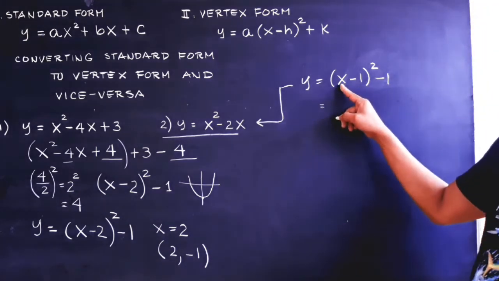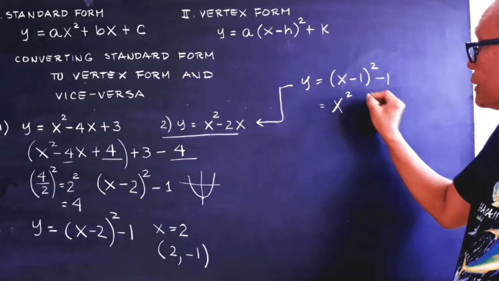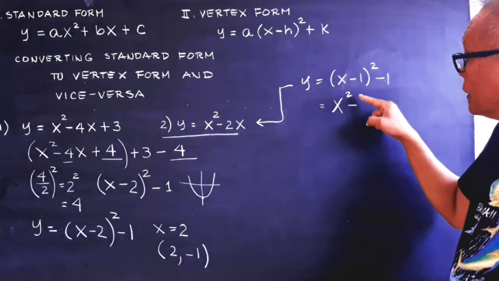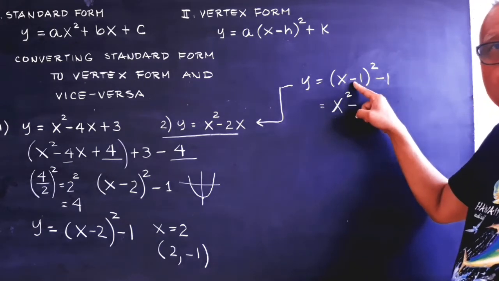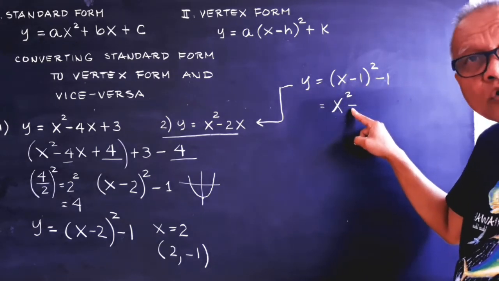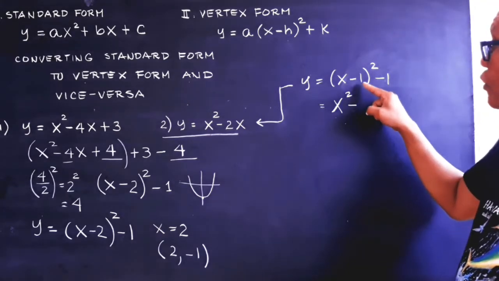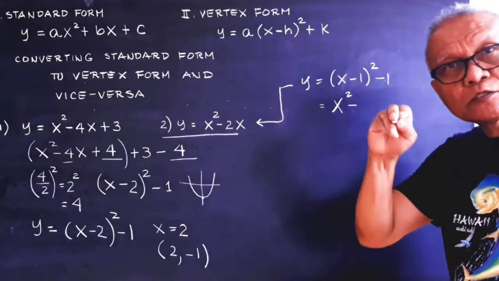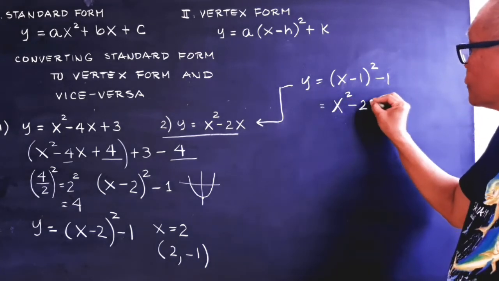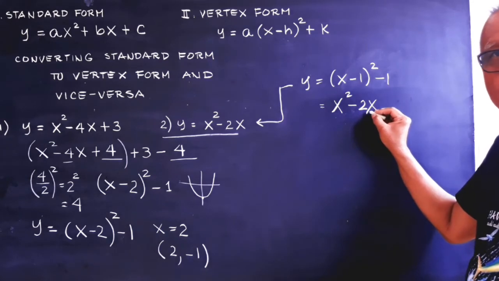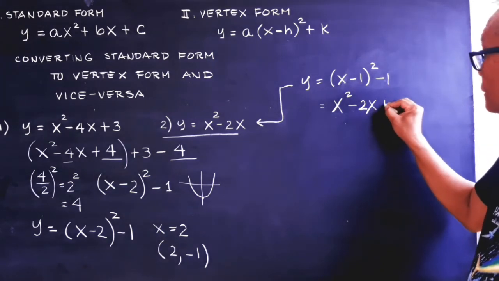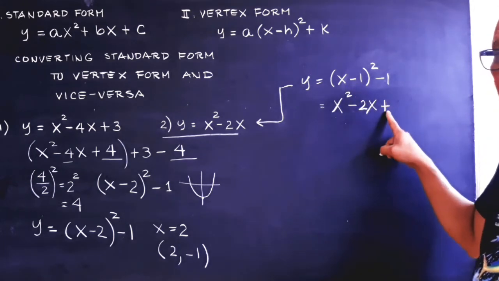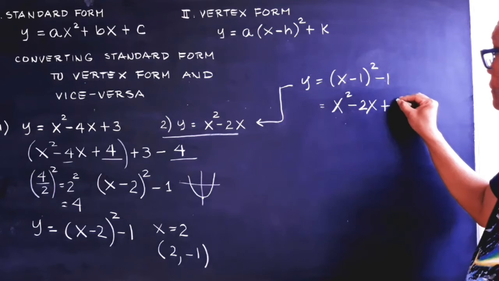So this one is x times x, squared. And then middle term, negative. Whatever the sign here of our binomial will also be the sign here in our trinomial. So middle term, multiply this 1 times 2, 1x or x times 2. So you have 2x. What about the last term? It is always positive because negative times negative is positive. 1 times 1, 1.